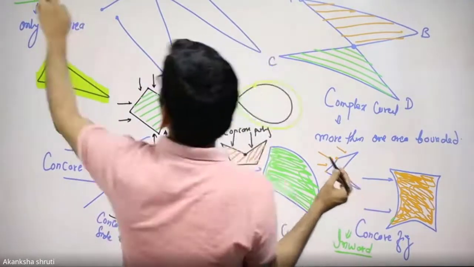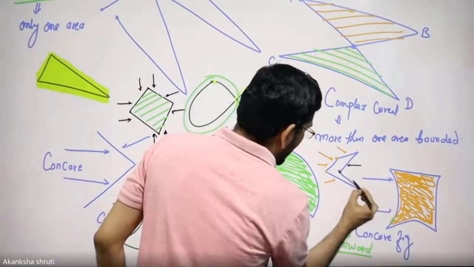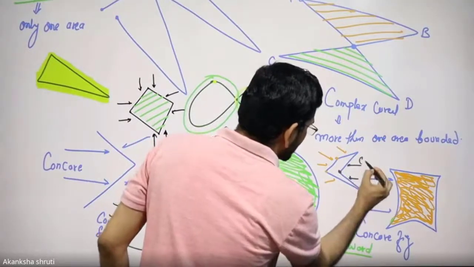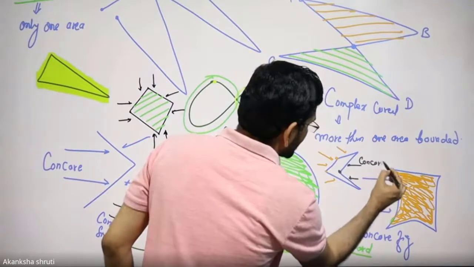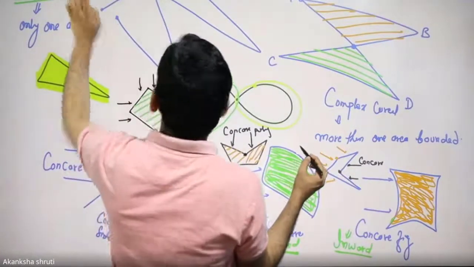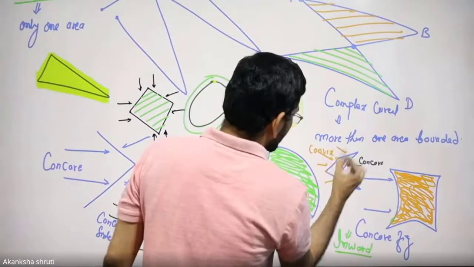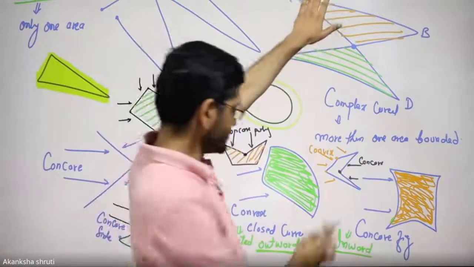But if I consider this vertex, then these two sides are concave. So it may be possible that there could be convex as well as concave in the same figure. Okay, it is based on simple terms.